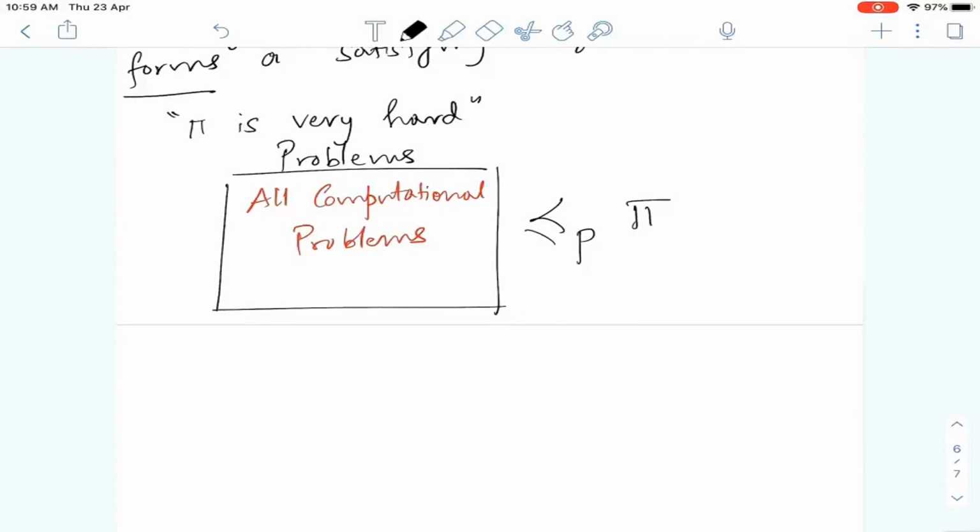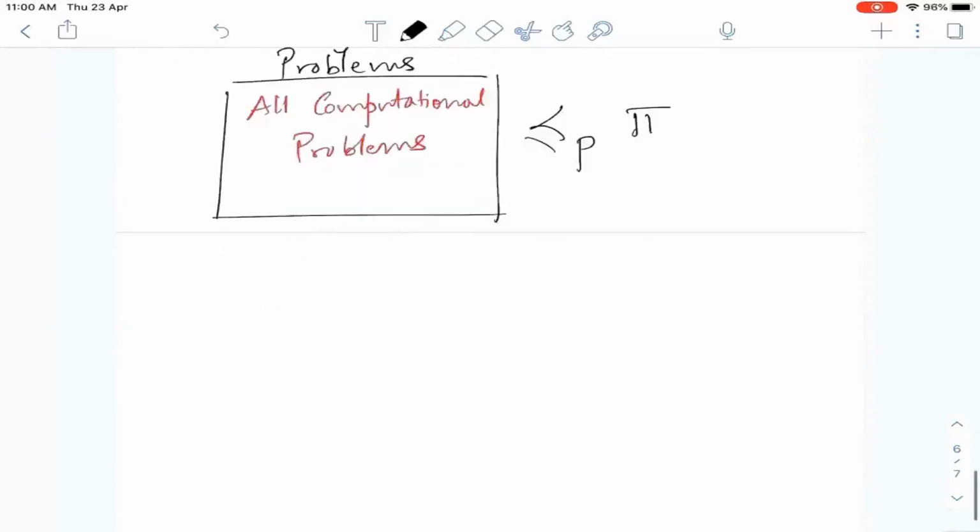So the question I'm asking is, do you think this is an overambitious goal, or is there a reason to believe that this is not possible? Right, good. So I have a few answers, and those are the correct answers. There are indeed problems for which this is not possible.